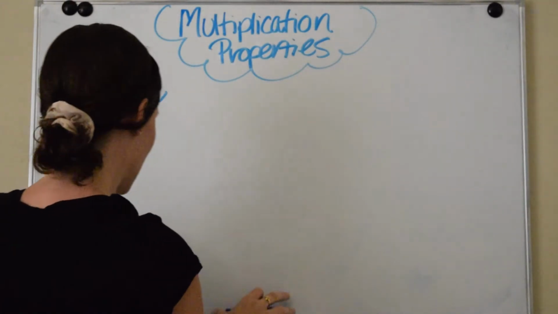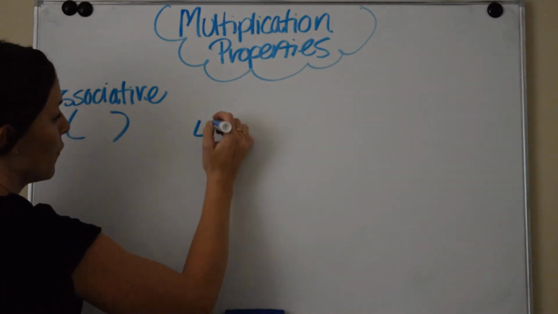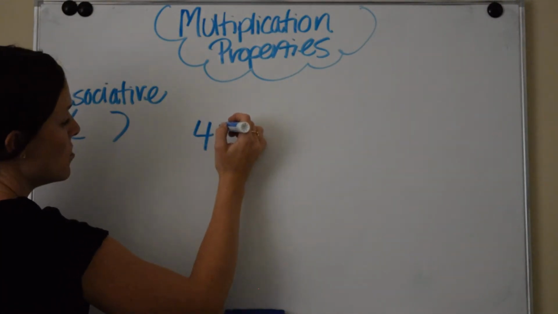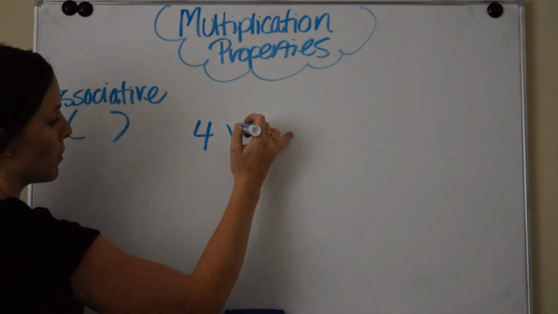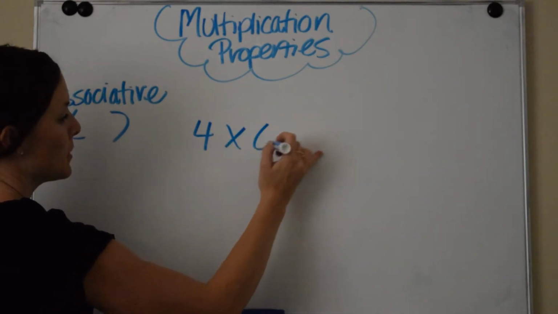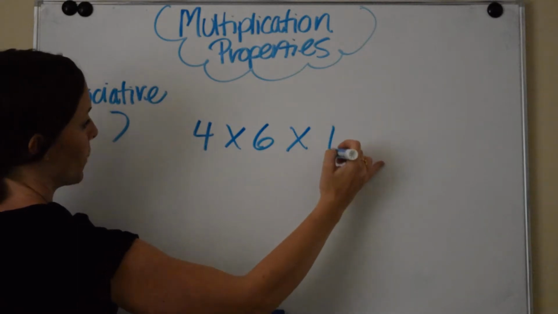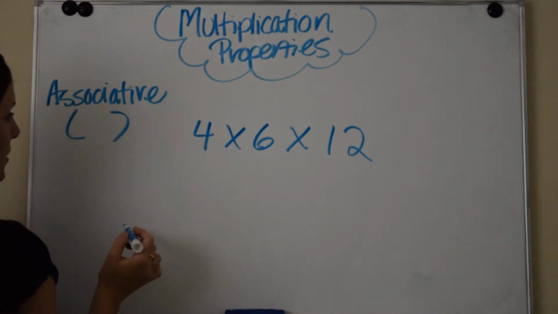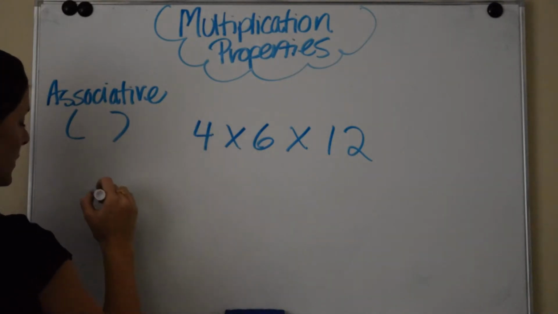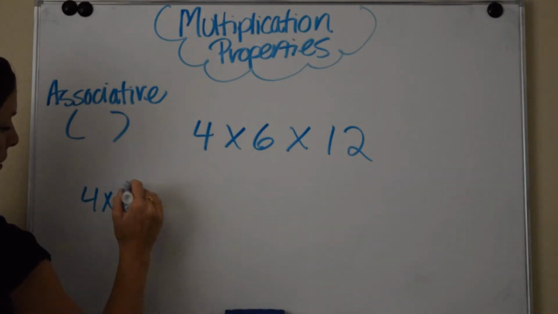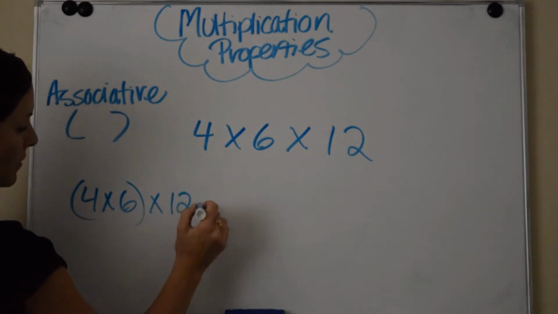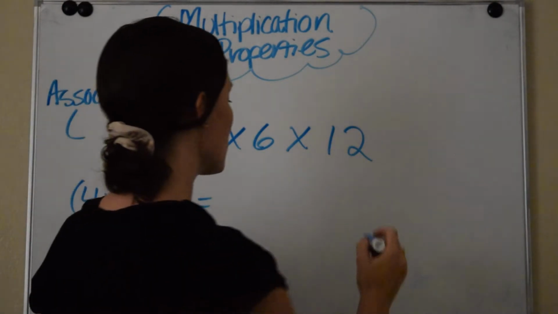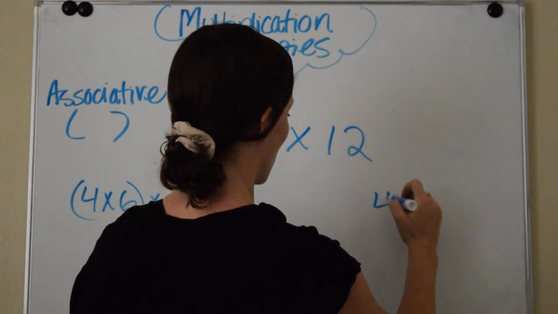What if I had 40... actually, let's just do 4. We'll keep it simple. What if I had 4 times 6 times 12? In one of the equations, I'm going to group the 4 and the 6 together and then multiply it times 12 and see what I get. And over here, I'm going to group the 6 and the 12.